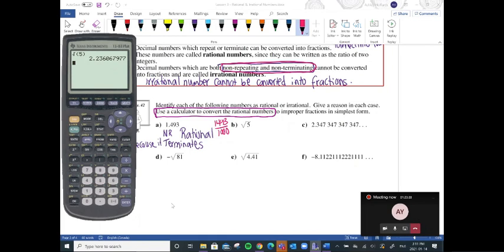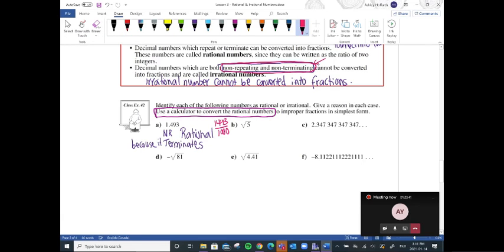It's just 236, 06, 79, 77, blah, blah, blah. There's no repeating. So that is non-repeating and non-terminating at the same time, which is our definition of irrational. Okay, so that's irrational.